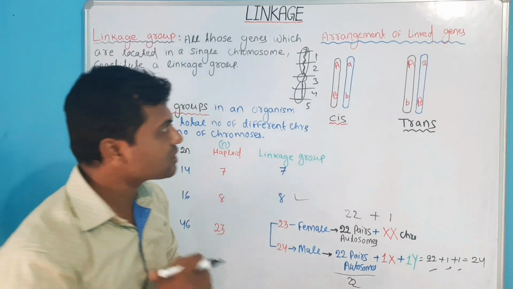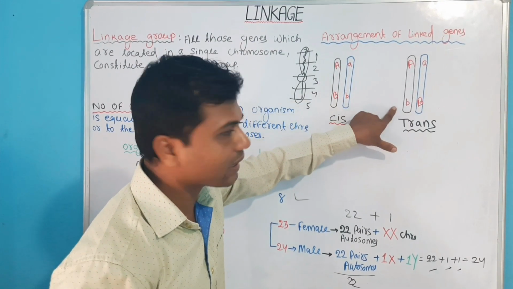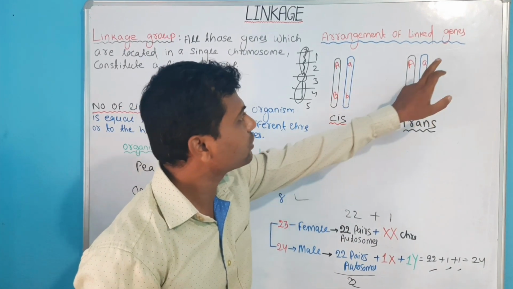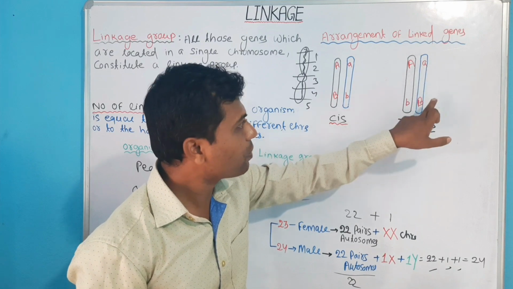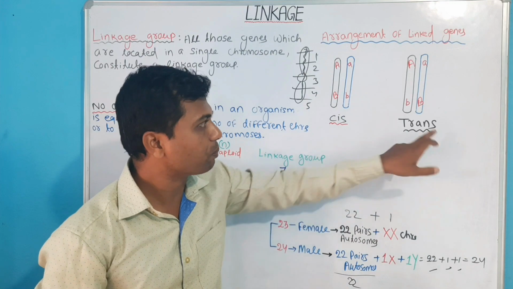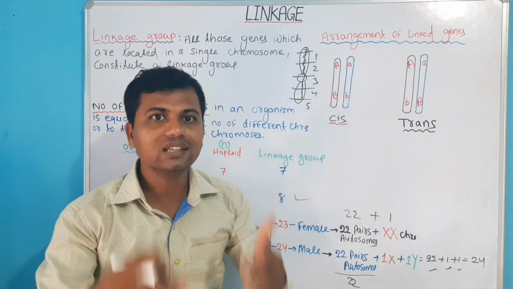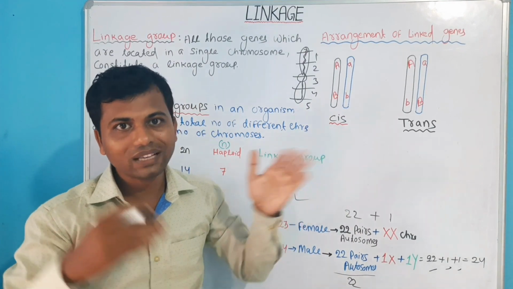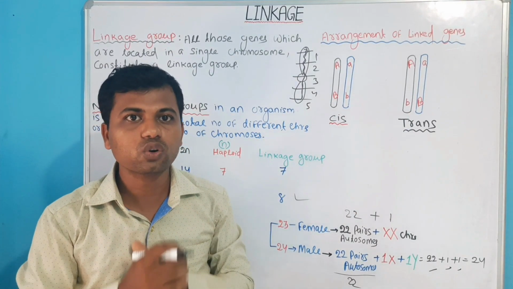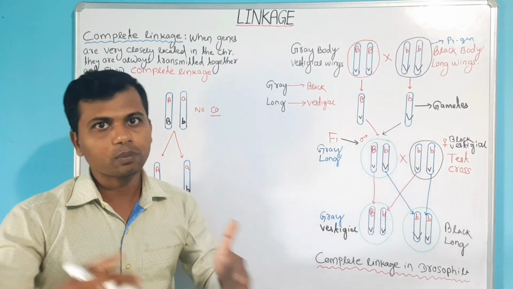Whereas in trans arrangement, the dominant allele of one gene and the recessive allele of another gene are present in one member of the chromosome pair, whereas the recessive allele of the first gene and the dominant allele of the second gene are present in the other member of the chromosome pair. Genes in cis arrangement will show the coupling state, whereas genes in trans arrangement will show the repulsion state. Now we discuss the types of linkage.